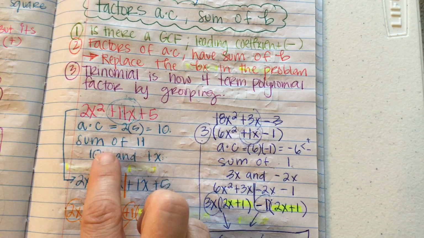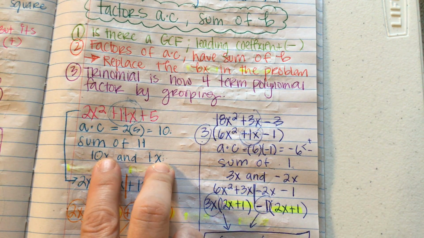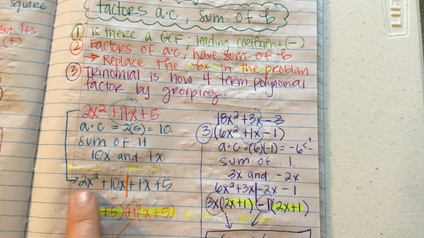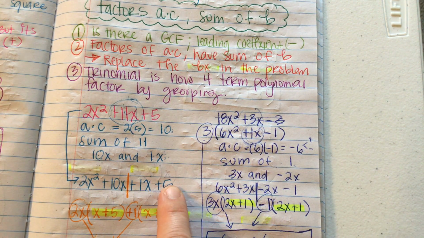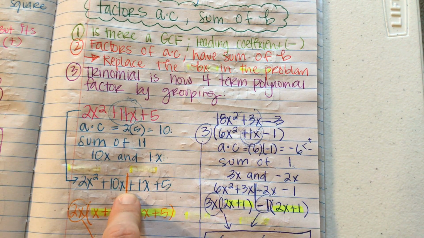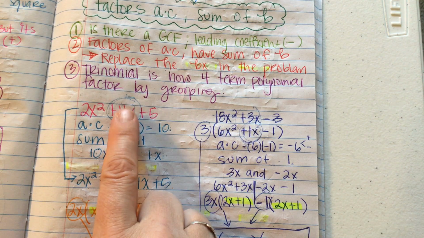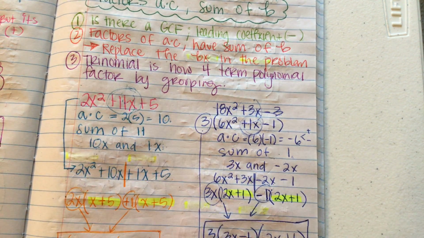Then you rewrite the problem, because instead of that middle value, you're using your two factors, because these two factors added together create that middle value. That's that sum of B. So you have to replace that, right? And you need your variables attached to it. Because you now have a trinomial that turned into a 4-term polynomial, I'm going to factor by grouping.